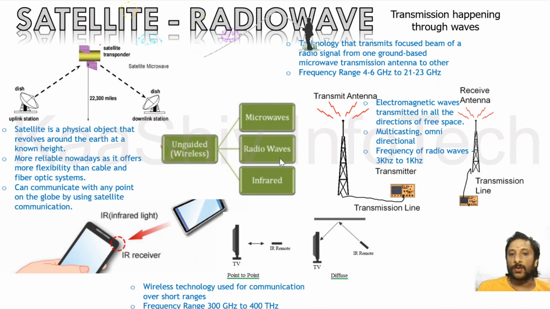The other one is called radio signals. Via antennas, you have transmitting antennas and receiving antennas.